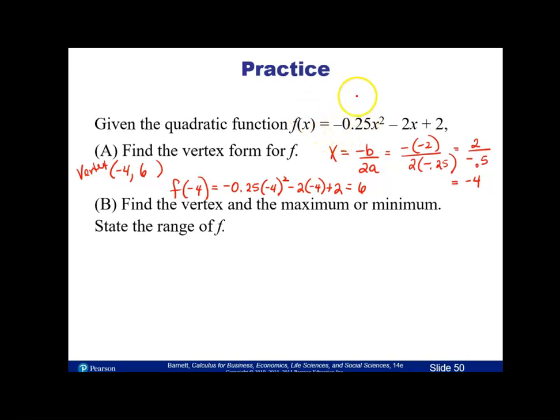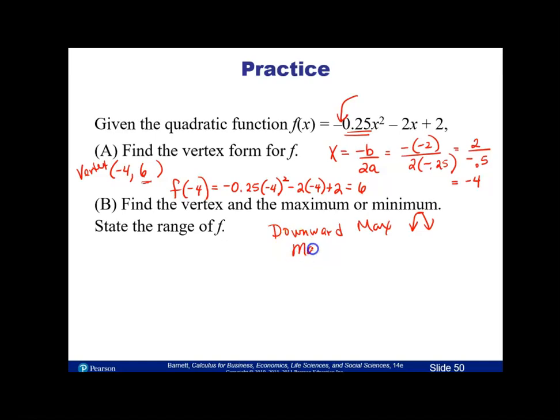So looking at this, we do have a negative a, so that tells me that it's opening downward, which means it has a maximum. If it's opening down, it has a maximum. And that maximum value then is 6, okay? Because that's the y-coordinate of the vertex.